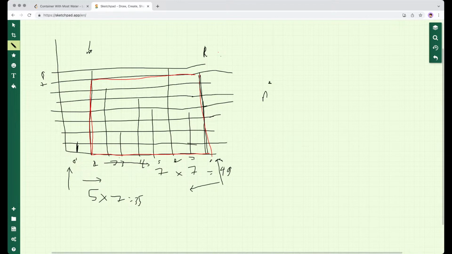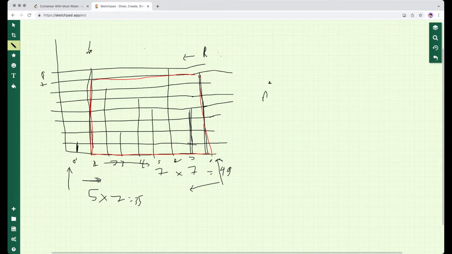If this side is bigger than this side, you move the left, increasing the left, and then you calculate the area again. Now in this case, this one is bigger than this, so you move the right, squeezing it. Eventually they will squeeze in toward each other.